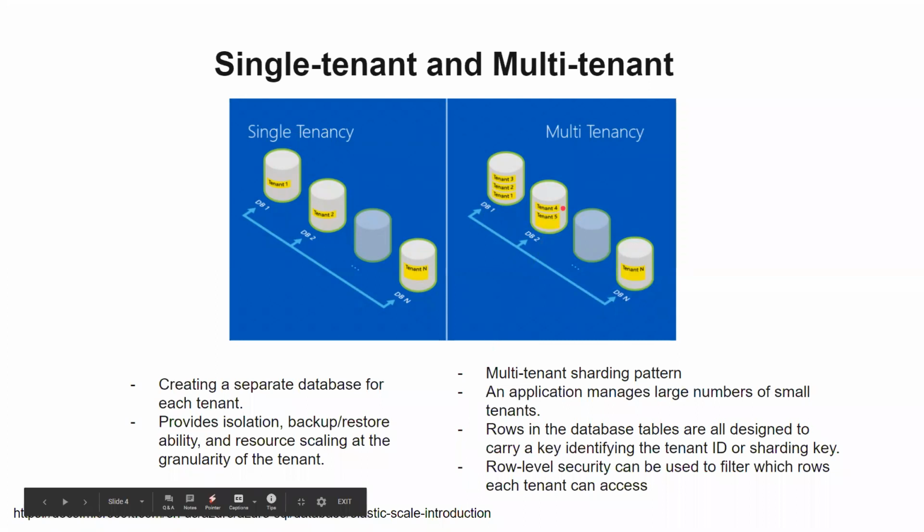So now, one example they talked about is, let's say you have some data, a million rows, and some data is only accessible by certain tenants versus others. So there they talked about row level security and how that can be used to filter which tenant can access which data.